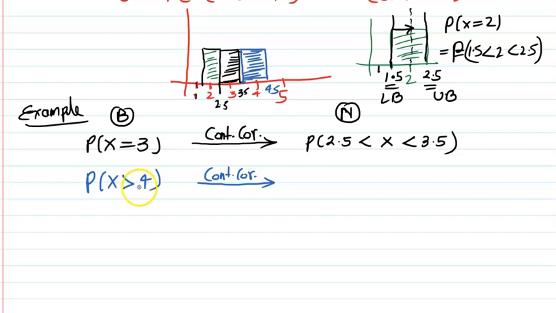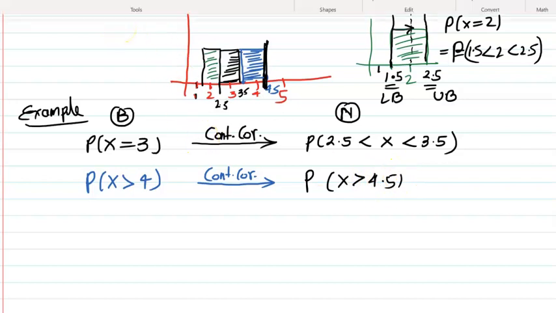Greater than 4, 4 onward. 4 is finishing here, see my black ink here, and for greater than 4, it should be greater than 4.5. So P(X > 4.5), because they are saying greater than, and the last value of 4 is this yellow part, that is 4.5, and here it is showing greater than 4. So this yellow and yellow is matching. Yes, so it should be greater than 4.5.